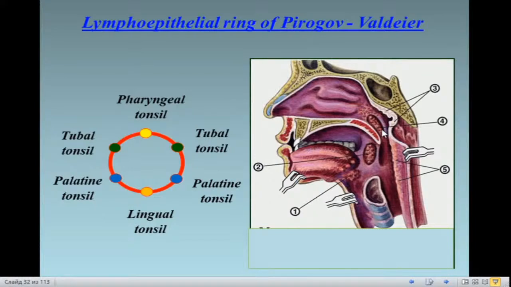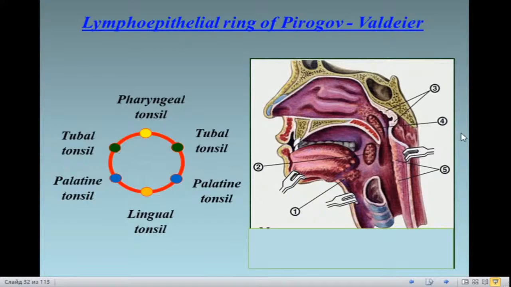When it is enlarged and extends from the flat surface of the pharynx, it's called adenoids. Kids who have adenoids can't breathe through their nose; their mouth is always open. So this is one tonsil and it's unpaired. Then the lingual tonsil, which I showed you at the root of the tongue. And two more pairs of tonsils exist: palatine tonsils and tubal tonsils.